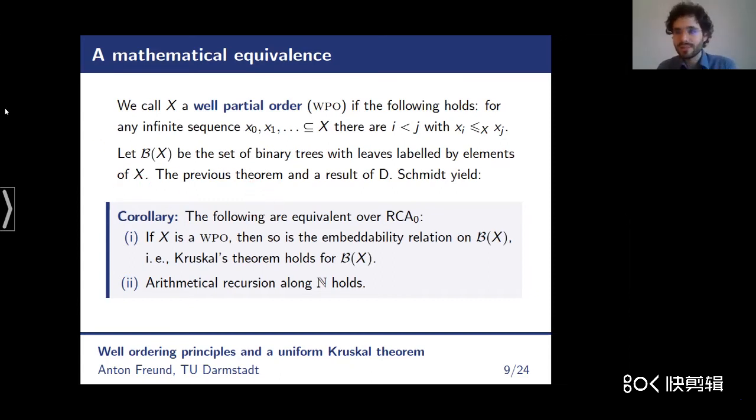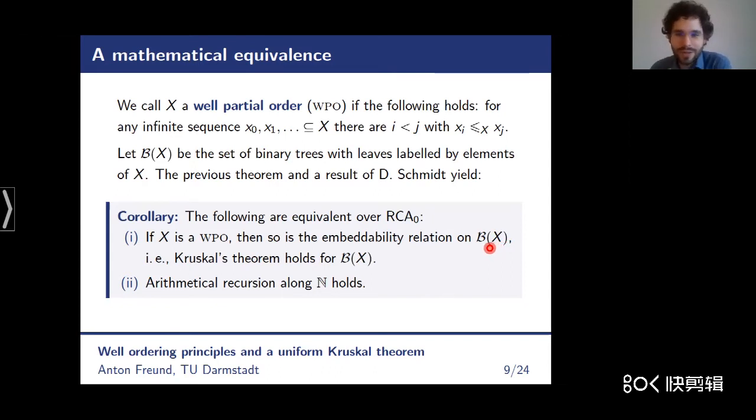And then by this previous theorem, by the relativized ordinal analysis, together with the result of Diana-Schmidt, you get the following corollary. So again, over this weak base theory of reverse mathematics, the following are equivalent. The first statement is that if X is a well partial order, then the binary trees with leaf labels from X do also form a well partial order.